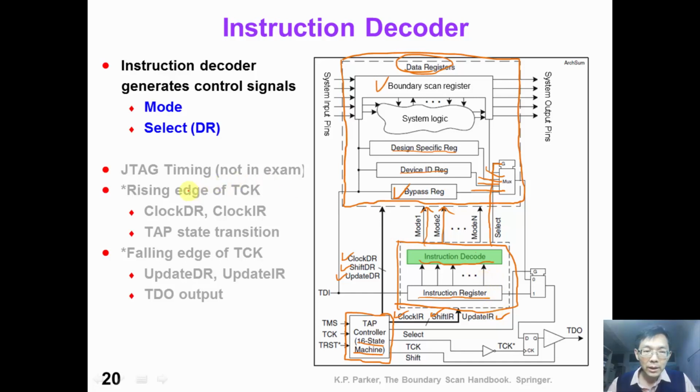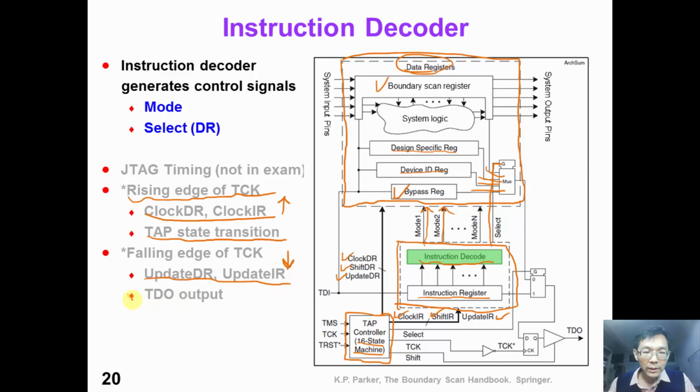Please note that the clock DR and the clock IR are active at the rising edge of the test clock TCK. Also, the tap controller makes a state transition at the rising edge of TCK. On the contrary, the update DR and update IR are active at the falling edge of TCK.